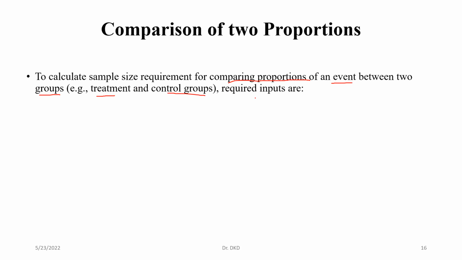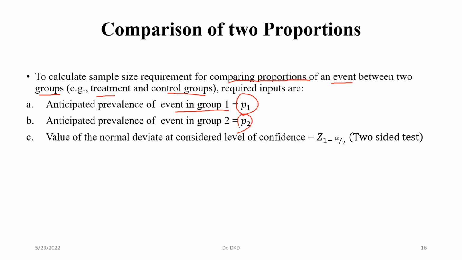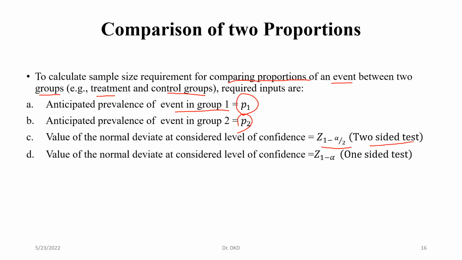The required inputs are the anticipated prevalence of the event in group 1, given as P1, and the prevalence of the event in group 2, given as P2, and the value of the normal deviate at the considered level of confidence: Z(1 minus alpha by 2) for a two-sided test and Z(1 minus alpha) for a one-sided test.